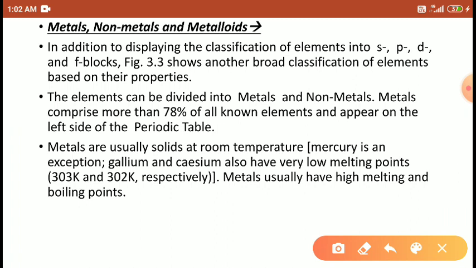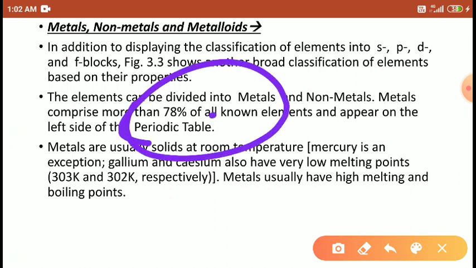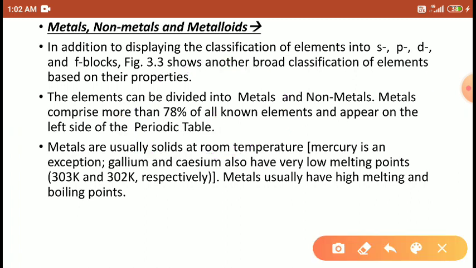The periodic table means almost 78% of the elements are metals, right, students, in the periodic table.